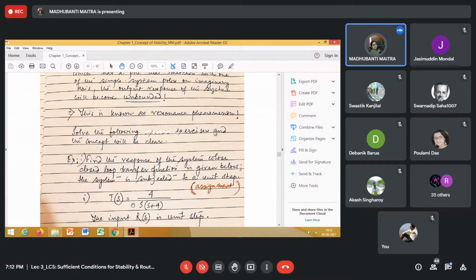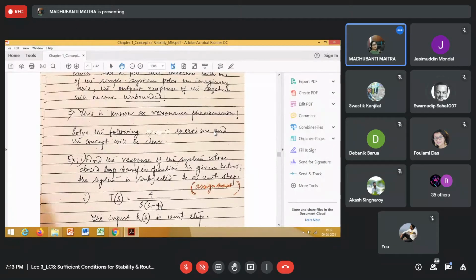Because C(s) is 4 by S square into (S plus 4), because of this 1 by S square term, c(t) will contain a term which is a function of time, A t. Do you agree?